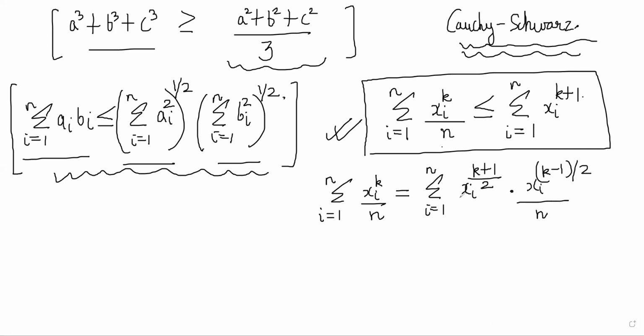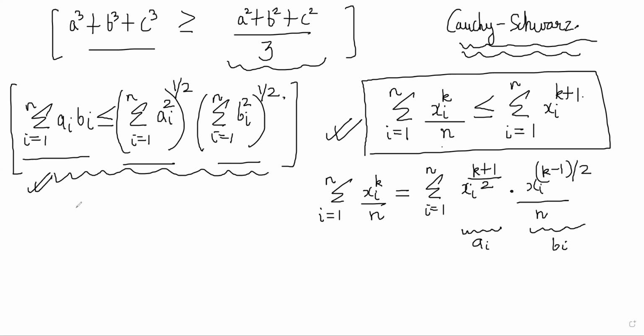Can you see that the powers are adding up? The powers (k plus 1) by 2 and (k minus 1) by 2 add up and become k. So this is the same term as before. We have not done anything, but what I have done is separated it out, and this becomes my ai and this becomes my bi.